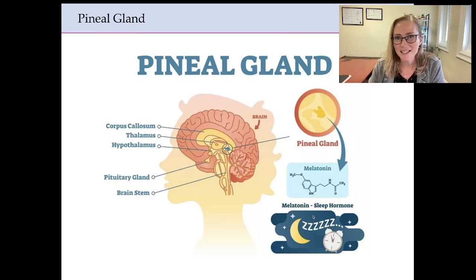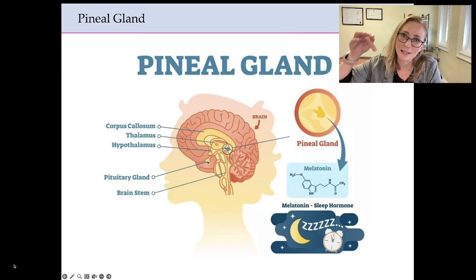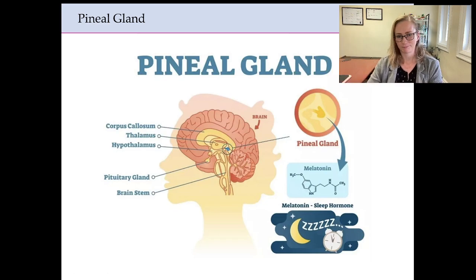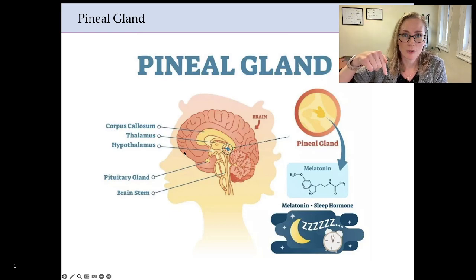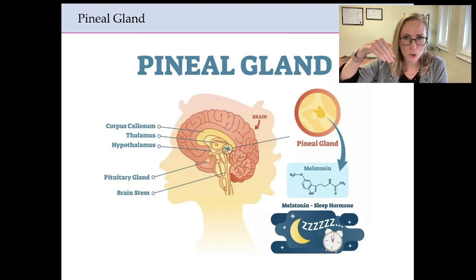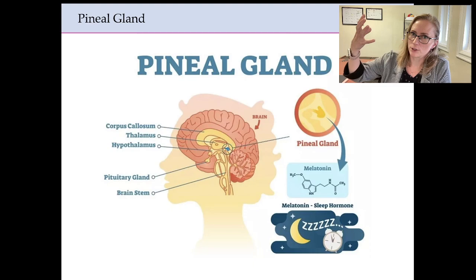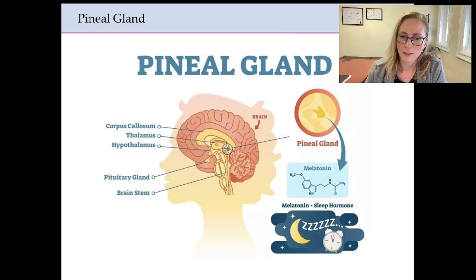Okay, the second gland that is in the brain is the pineal gland. Here it's showing really nicely where the pituitary is, this weird bulby thing dangling down. It's the most ventral portion. If you flipped the brain and looked at the bottom side, you would see the pituitary.